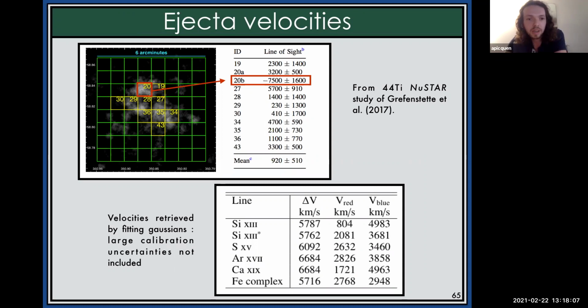And we can see, in the paper I wrote about this, that it is really consistent with past studies and with studies about the titanium-44, which is a good indicator in Cassiopeia A, and that we find that the blue shifted structures move more rapidly than the red shifted ones, which is also an interesting result.